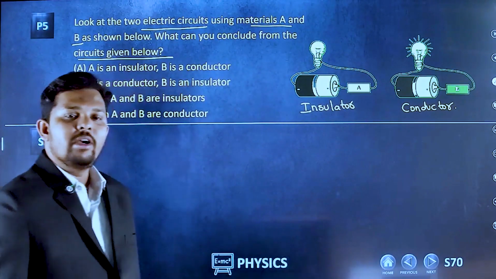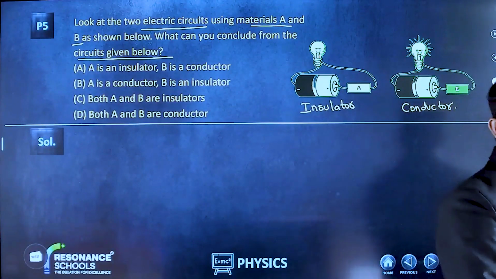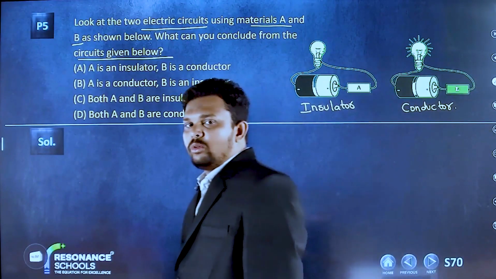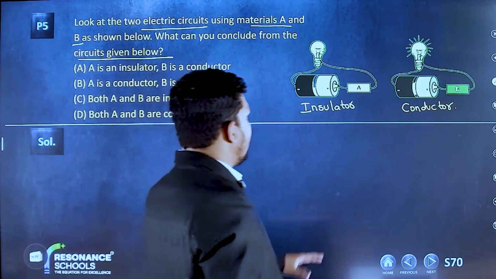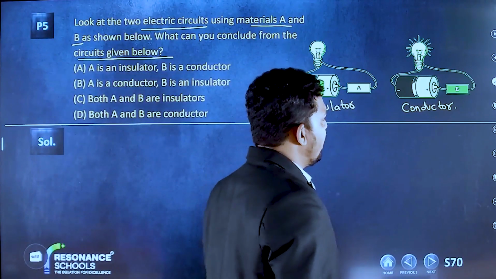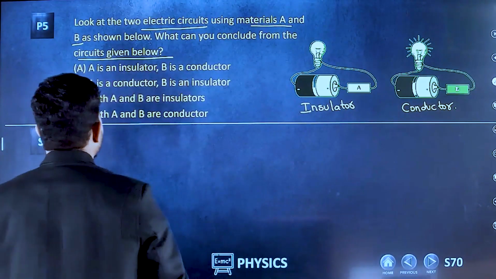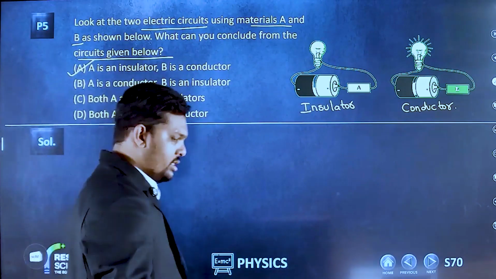And what is the definition of an insulator? The substance which does not allow the current to flow through it. So A is my insulator and B is my conductor. Tally the options: A is an insulator, B is a conductor. That's a direct answer.